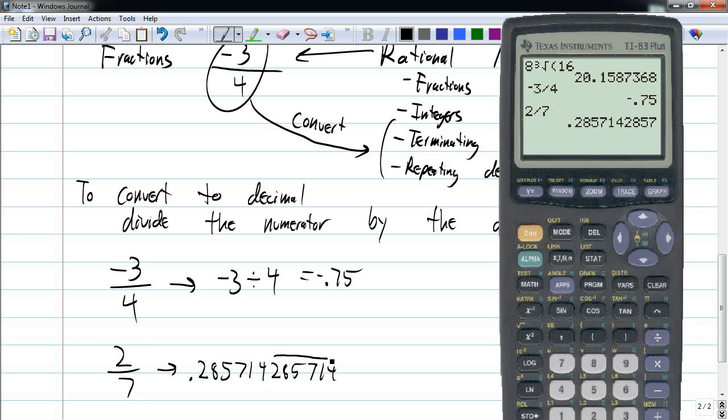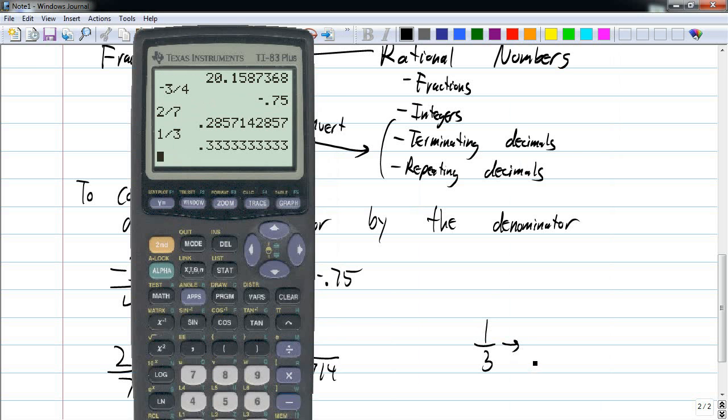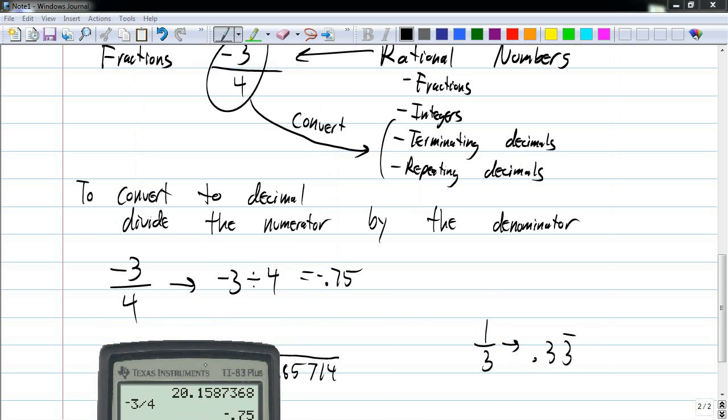That's what repeats. That's a pretty harsh repeating decimal. Another example is 1/3, which you may know. 1 divided by 3 is 0.33333, so 0.3 with a bar to show that it repeats. That's converting fractions to decimals.